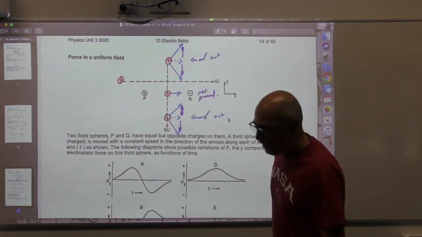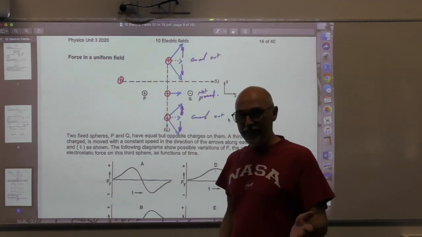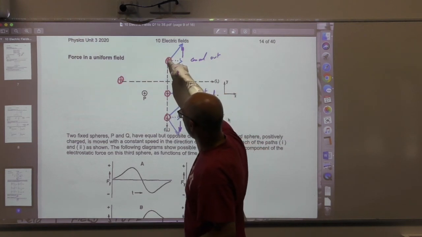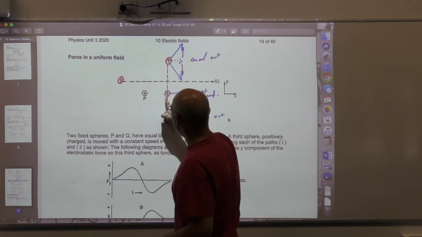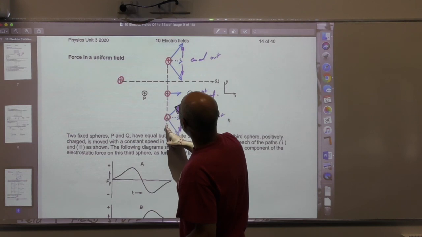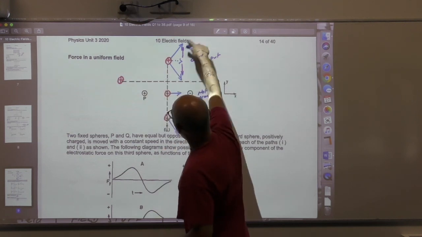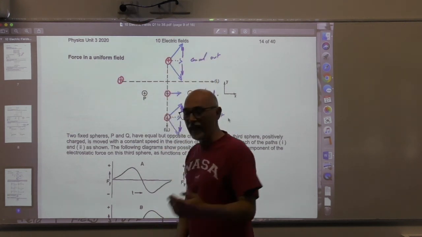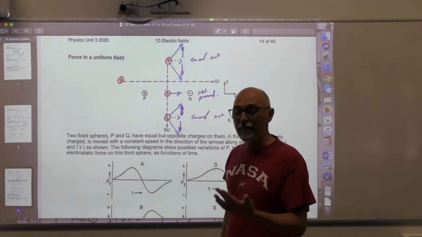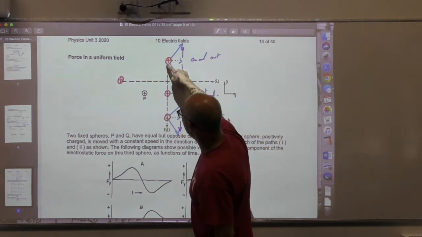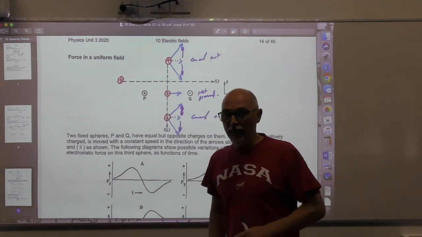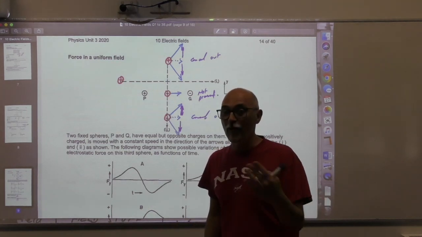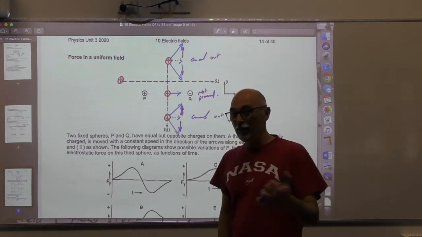For the other one, it's really interesting actually, because you start your positive charge here, equal distance. It's being pushed by this one and pulled by this one with equal force, because it's always the same distance from both. As it moves along this line, the distance from both is always the same. So the forces experienced are always the same, except that one is a push and the other is a pull.